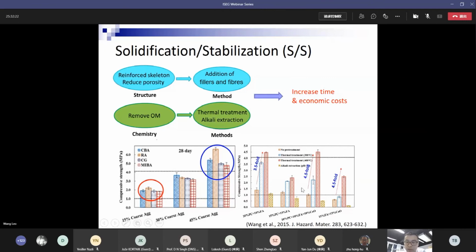It was also very useful, but this method increases the time and the economic costs. So we try to find some sustainable materials to treat this contaminated sediment.